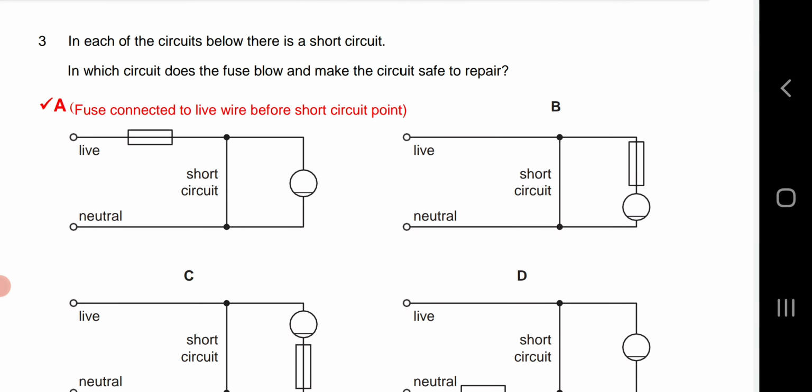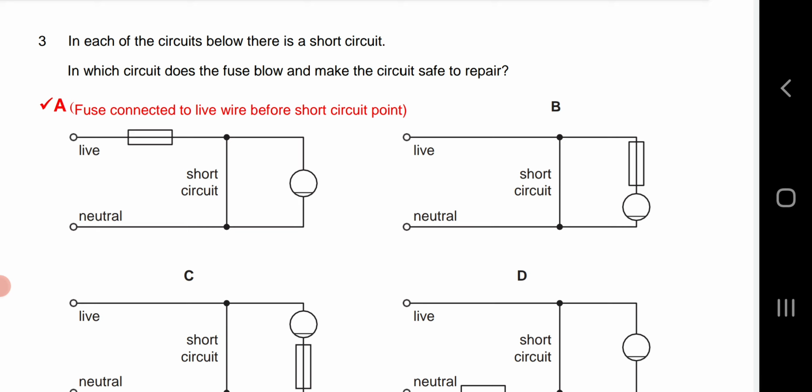Question number 3. In each of the circuits below, there is a short circuit. In which circuit does the fuse blow and make the circuit safe to repair? It's option A. The fuse is connected just before the short circuit, so a huge amount of current will flow from live to neutral. The short circuit condition occurs when the live wire touches the neutral wire through some fault. In diagram A, the fuse will blow.